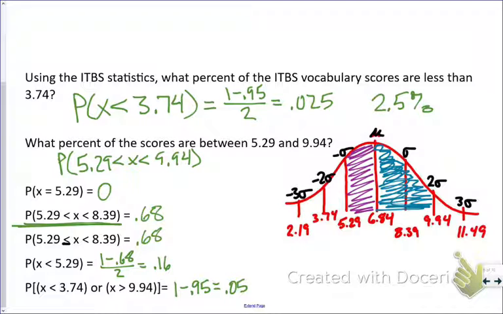And now that I've shaded it, maybe it's easy. So that means I want 68 divided by 2. And I want 95 divided by 2. And I get 0.815.